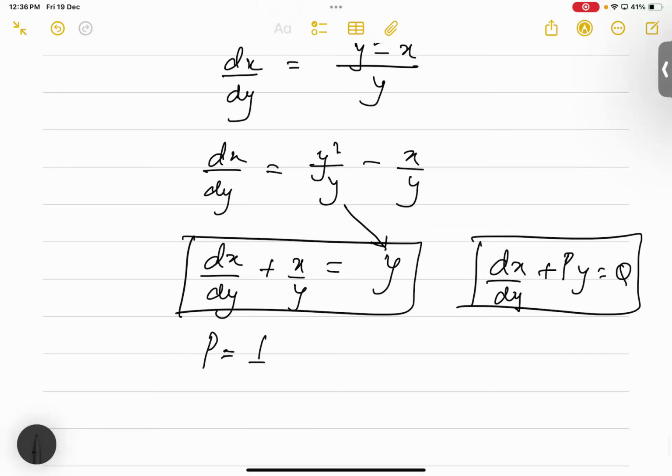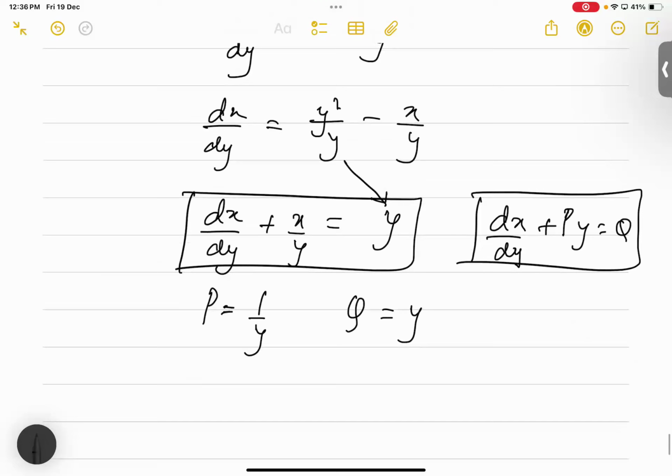What is p? 1 upon y. What is q? y. Q is y.